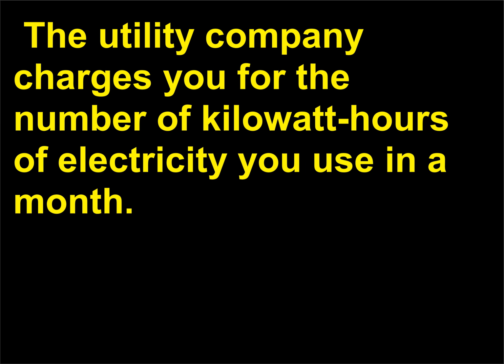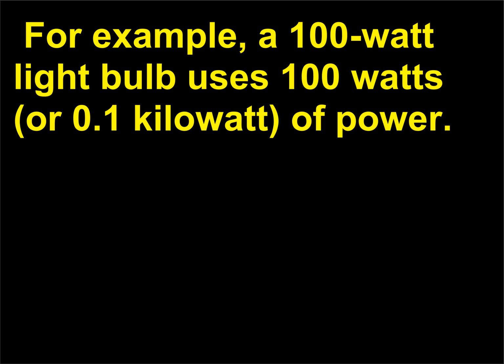The utility company charges you for the number of kilowatt hours of electricity you use in a month. For example, a 100-watt light bulb uses 100 watts, or 0.1 kilowatt, of power.